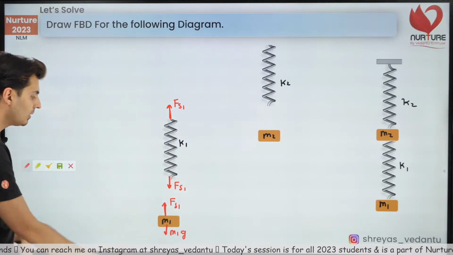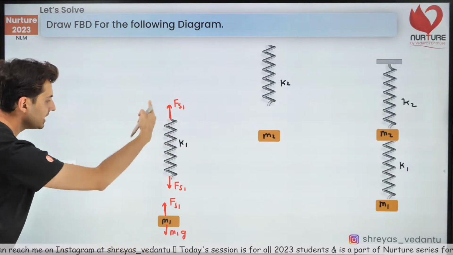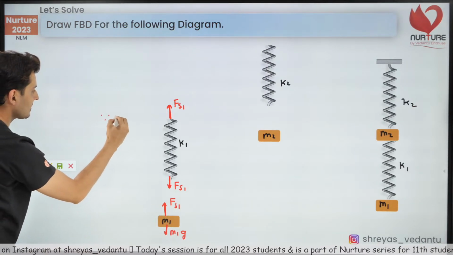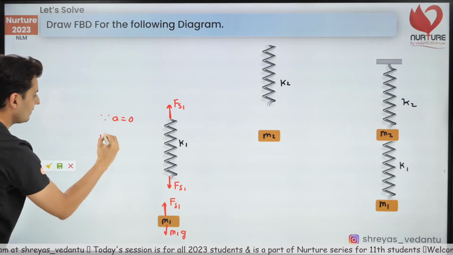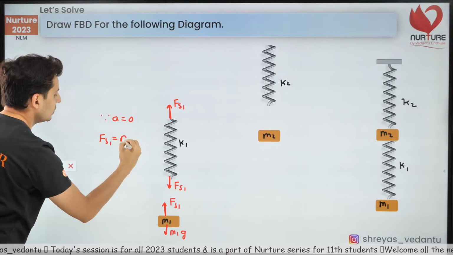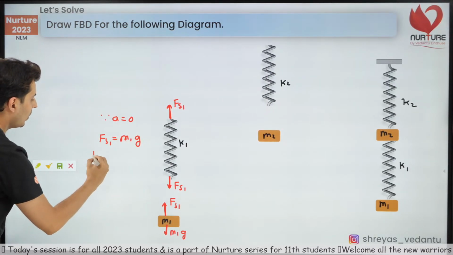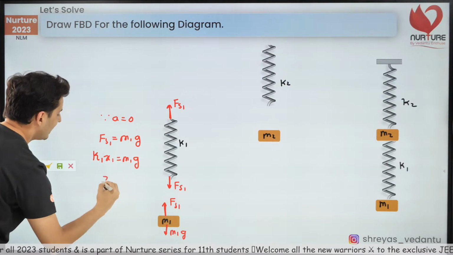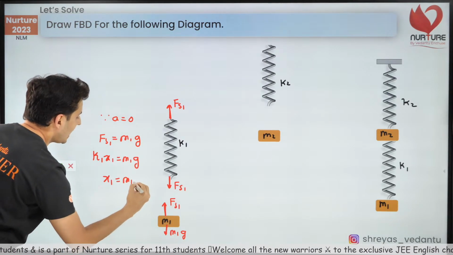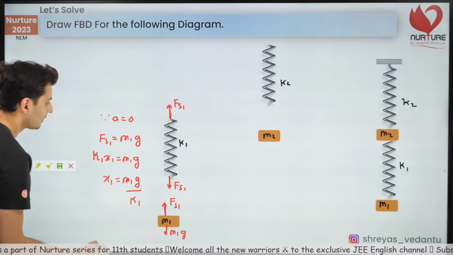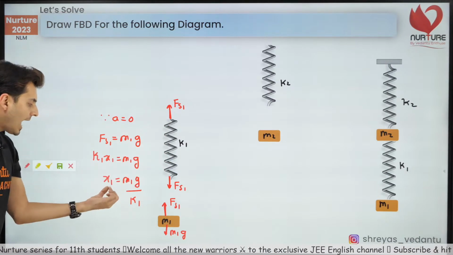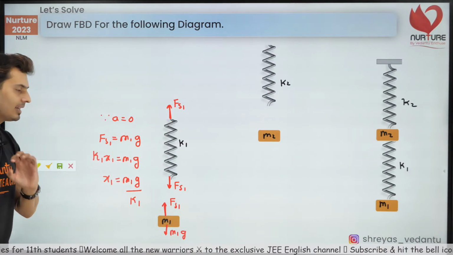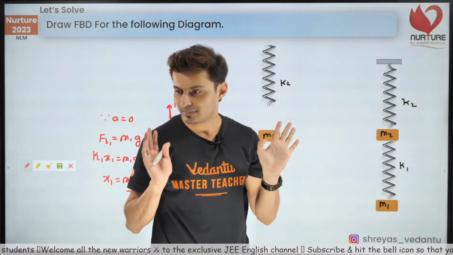Now from this diagram, since acceleration is 0, Fs1 will be equal to m1g. Therefore K1 x1 will be equal to m1g. Therefore x1 will be equal to m1g by K1. So the lower spring has m1g by K1 as the extension. That's how I got it.